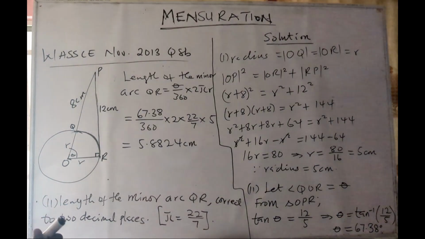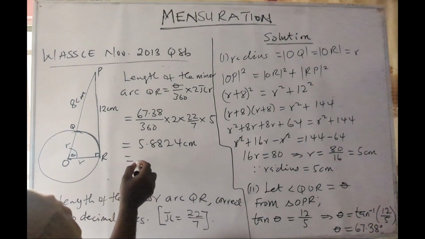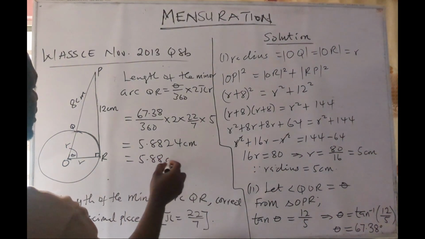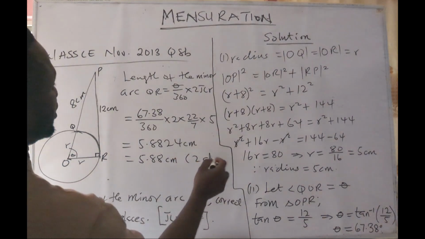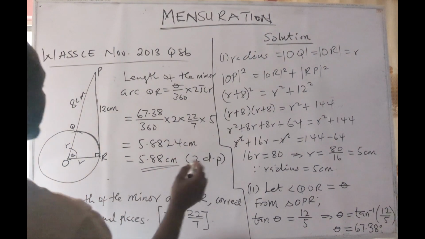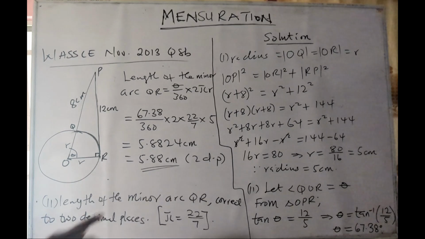We're asked to correct to 2 decimal places, so that will be 5.88 centimeters to 2 decimal places. So this is the length of the minor arc. I think this is understood.